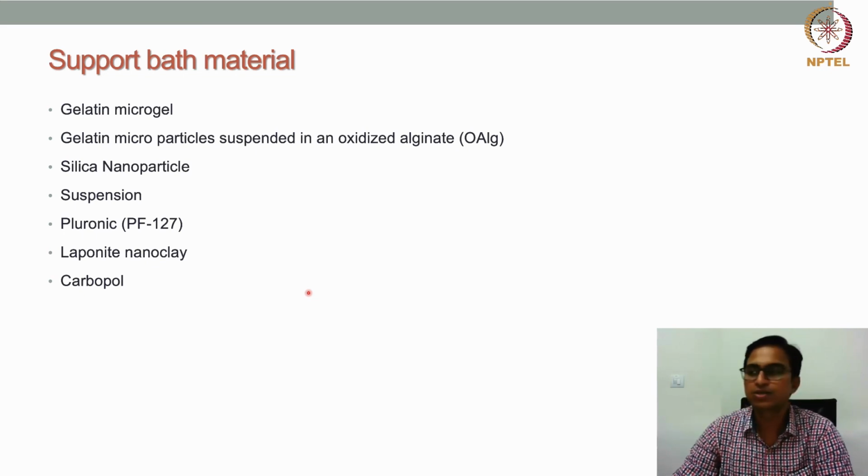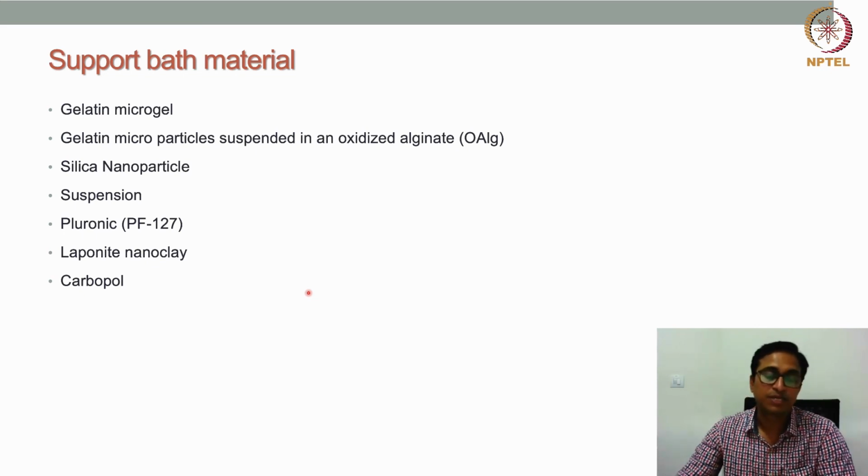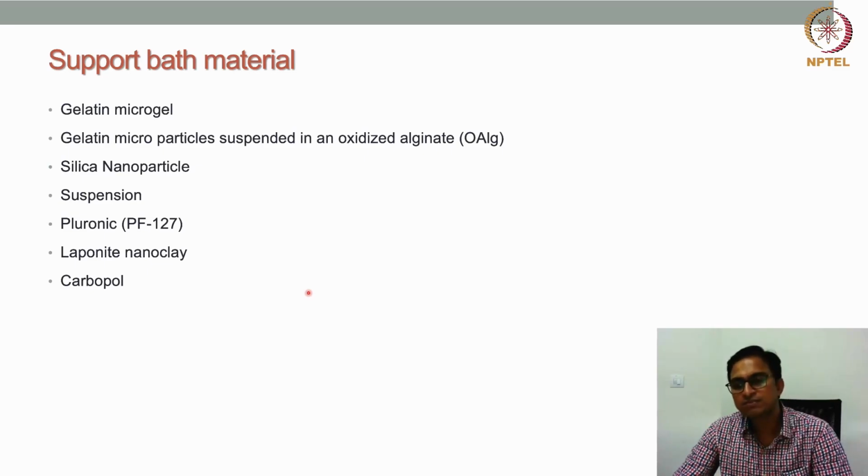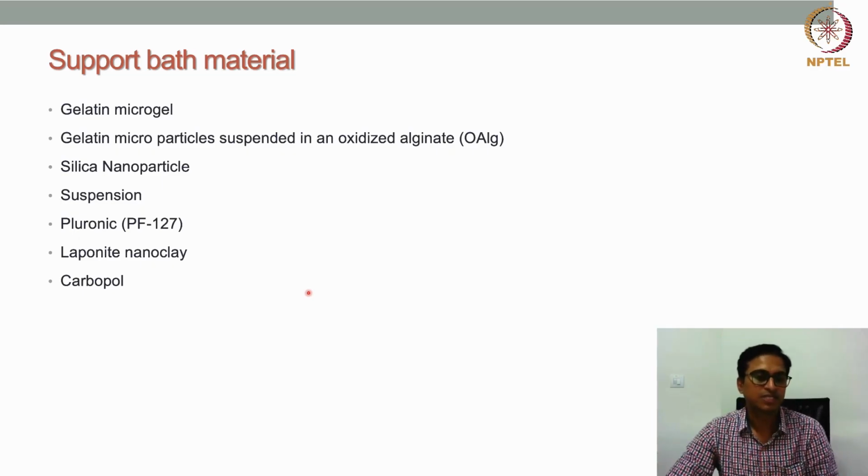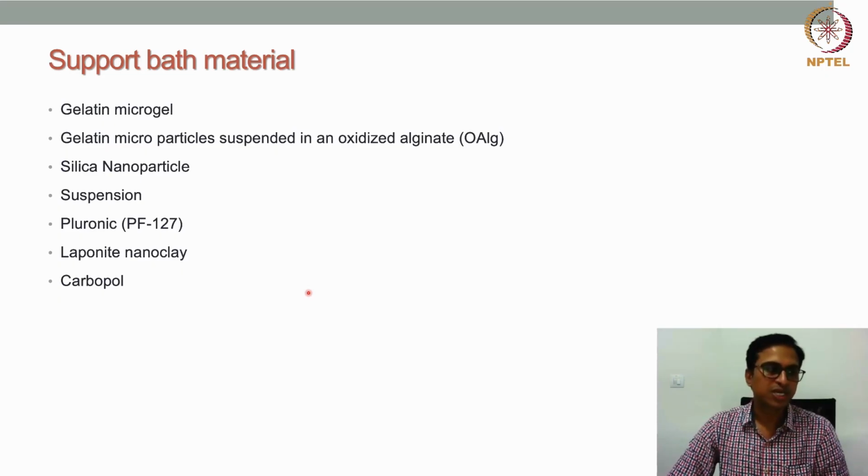That is very difficult to create with any other conventional bioprinting. But with 3D printing in a support bath, people have shown that the vascular network can be printed and used. Similar different applications are there. Please go through the recent literature.